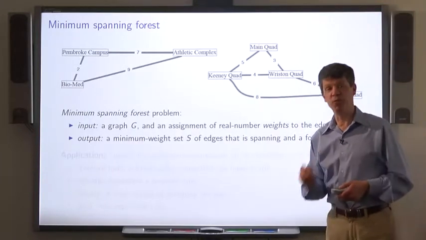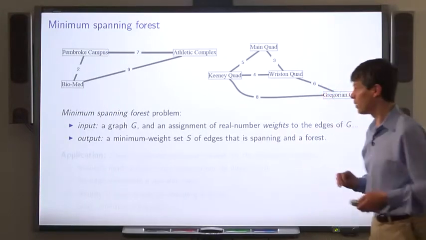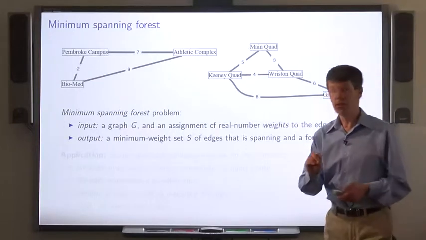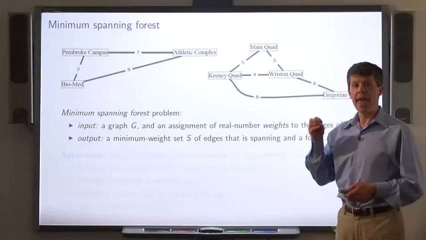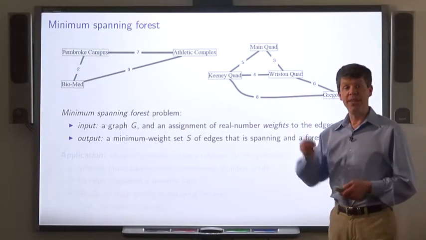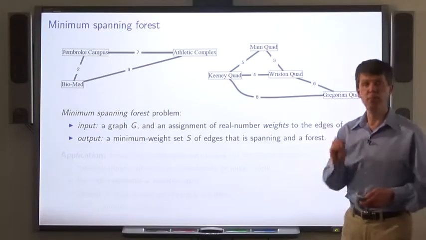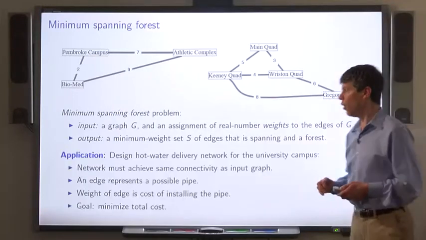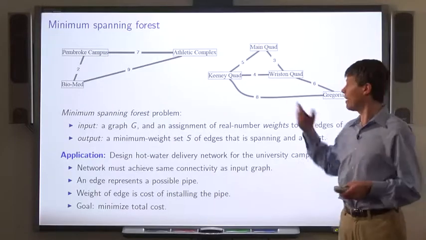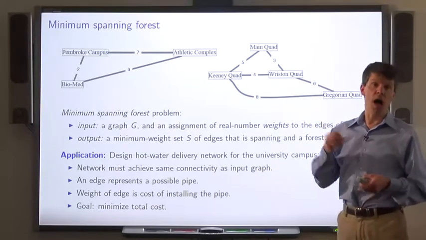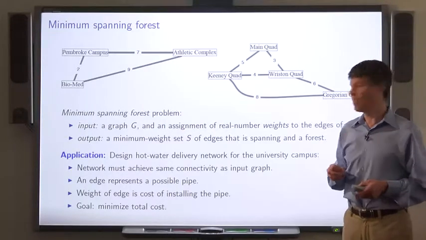The minimum spanning forest problem is a fundamental problem in graph algorithms. The input is a graph and an assignment of weights to edges. And the output is a set of edges that is spanning and a forest, and subject to those requirements has minimum weight. So this might come up, for example, in an application in which you must select some of these edges to form a network that can deliver hot water between different areas of a campus.